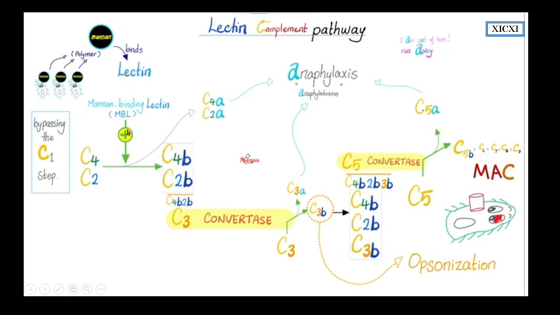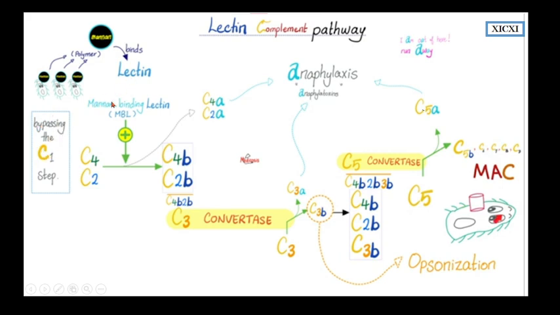So what this lectin complement pathway does is very, very similar to the classical pathway, except only one step is missing. It bypasses C1, meaning there is no C1 protein to be activated. This one is now jumped.